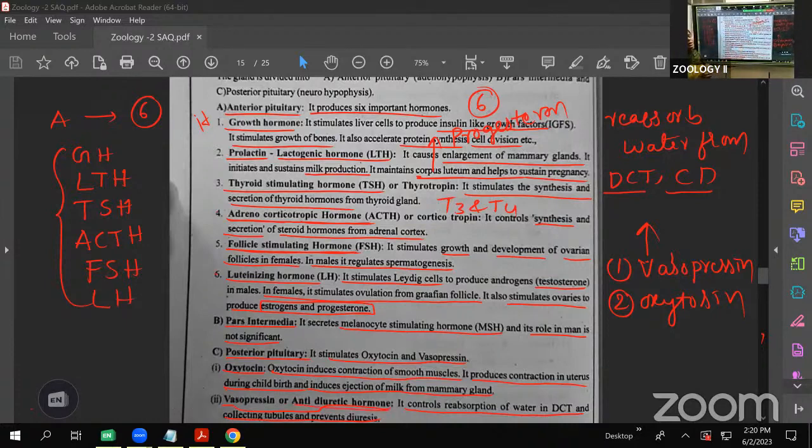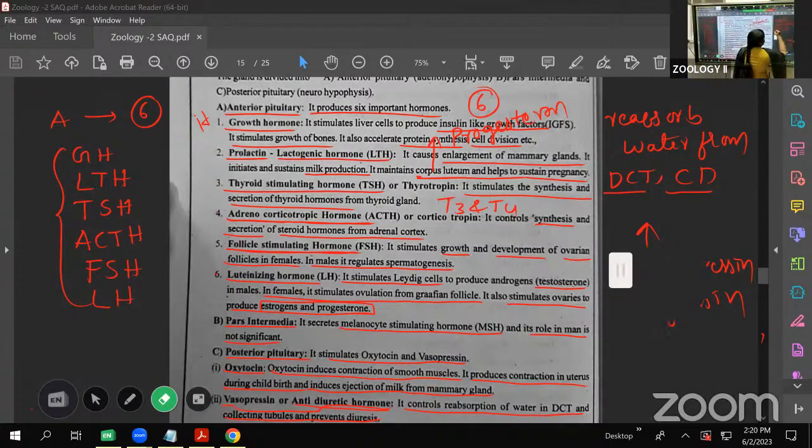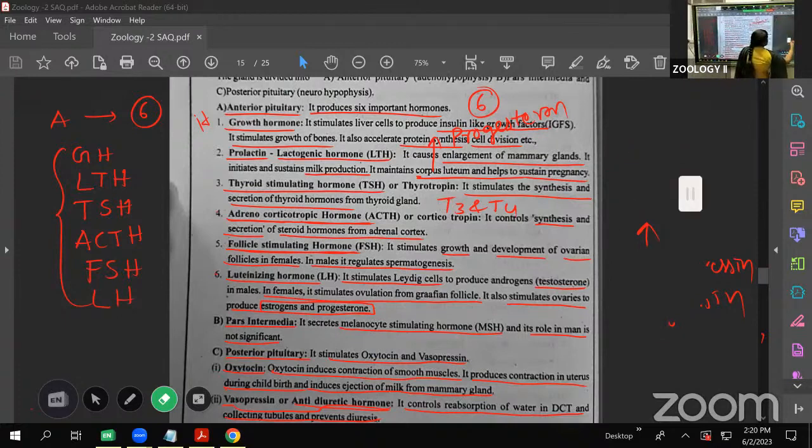Listen, for example, if vasopressin is not sufficiently secreted, what will happen? Reabsorption does not occur.